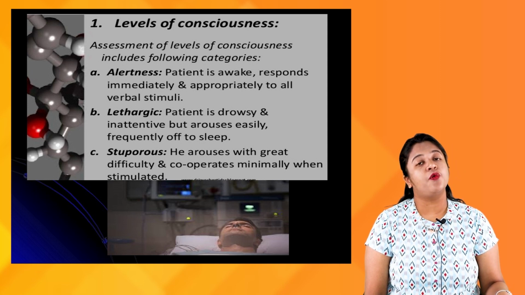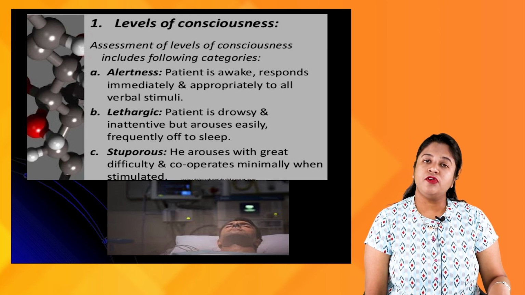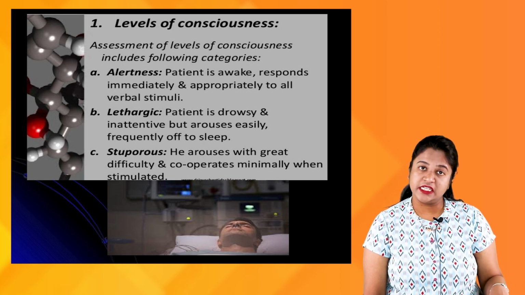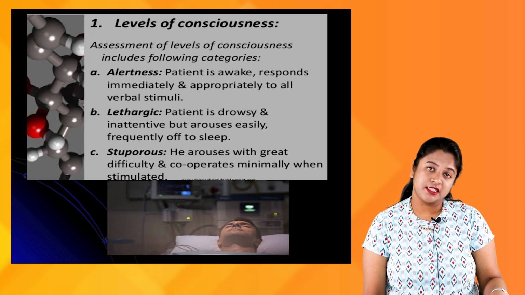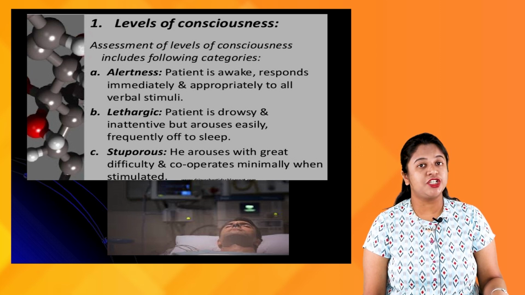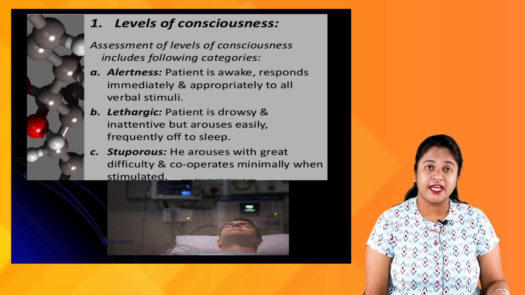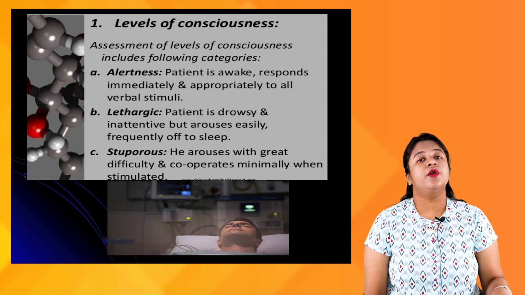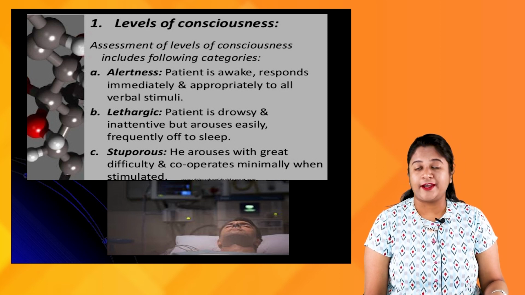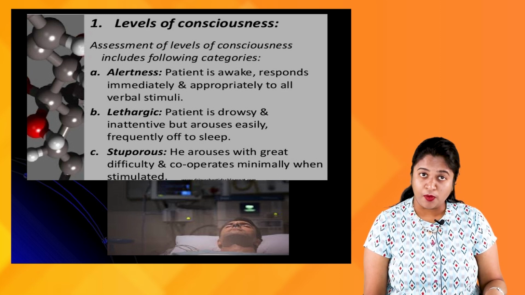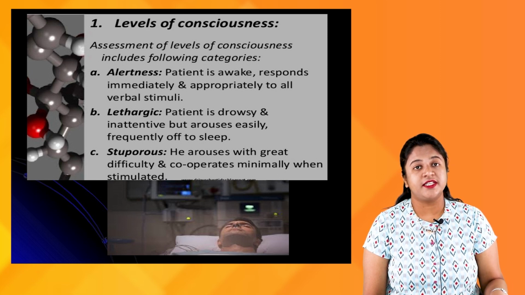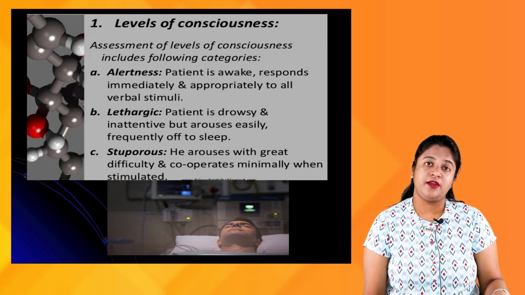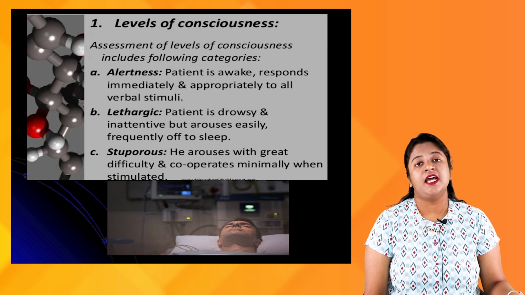The first thing that you're going to check is the level of consciousness. In the level of consciousness, we have various categories. You're going to assess whether the patient is alert, lethargic, stuporous, semi-comatose, or in a state of coma. So now let us see what is the meaning of being alert. How can we say the patient is alert?